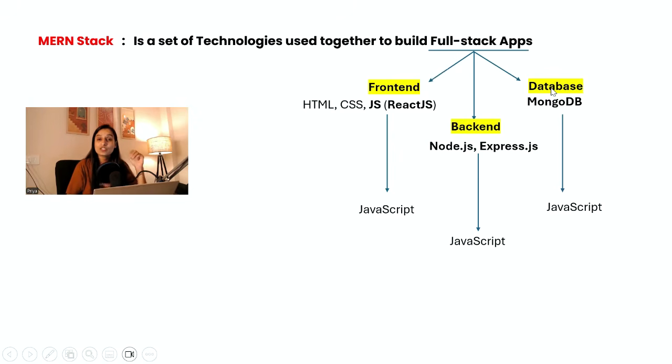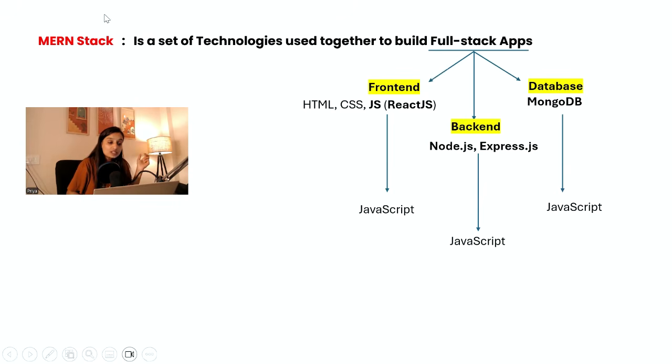For database, if you are using Oracle, then you have to learn Oracle, means SQL, separately. You have to learn Java separately. For front end, if you are using React.js, JavaScript separately. So in that stack, you have to learn Java, Spring, SQL, JavaScript, React.js. Multiple technologies you have to learn to build the full stack application.